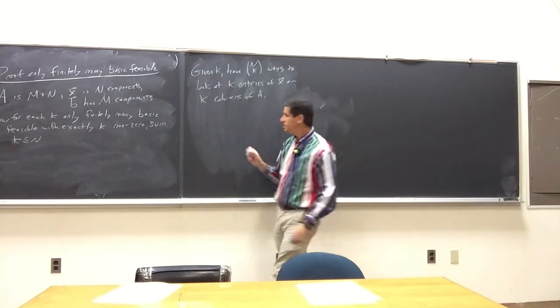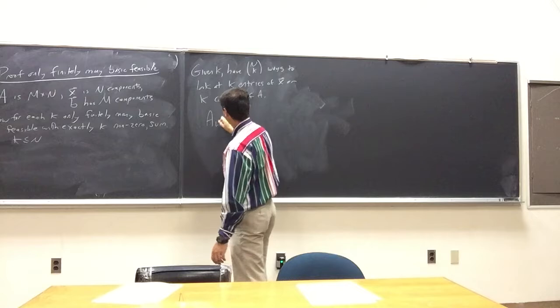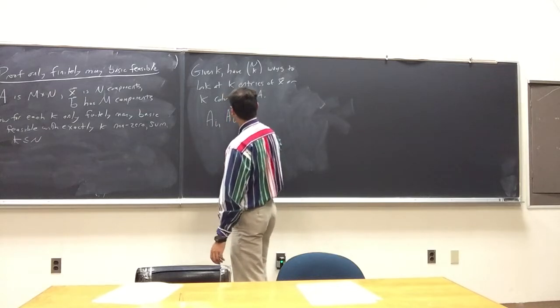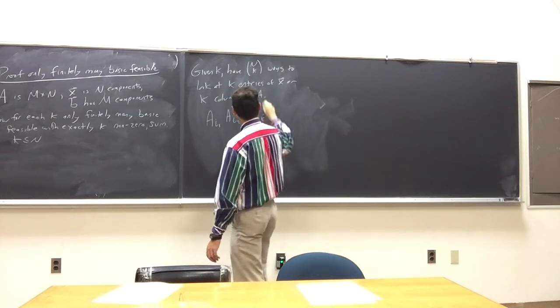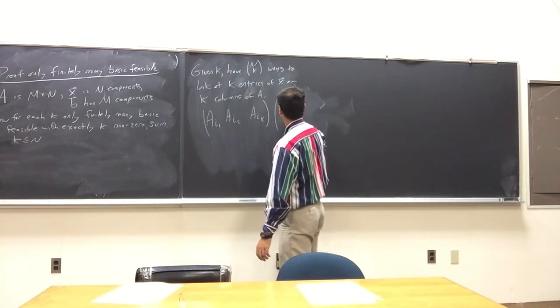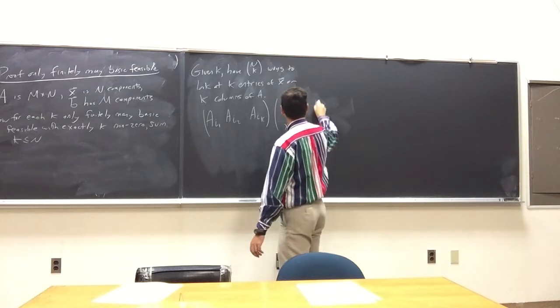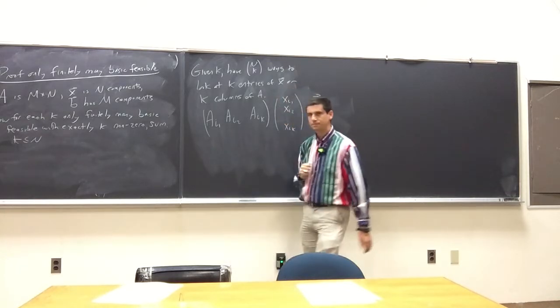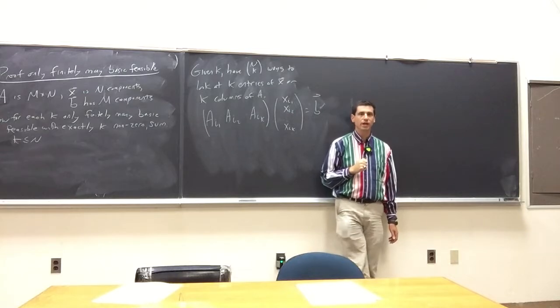Okay? So let's say you have the columns A_i1, A_i2, ..., A_ik, times x_i1, x_i2, ..., x_ik, equals B. How many solutions can we have?